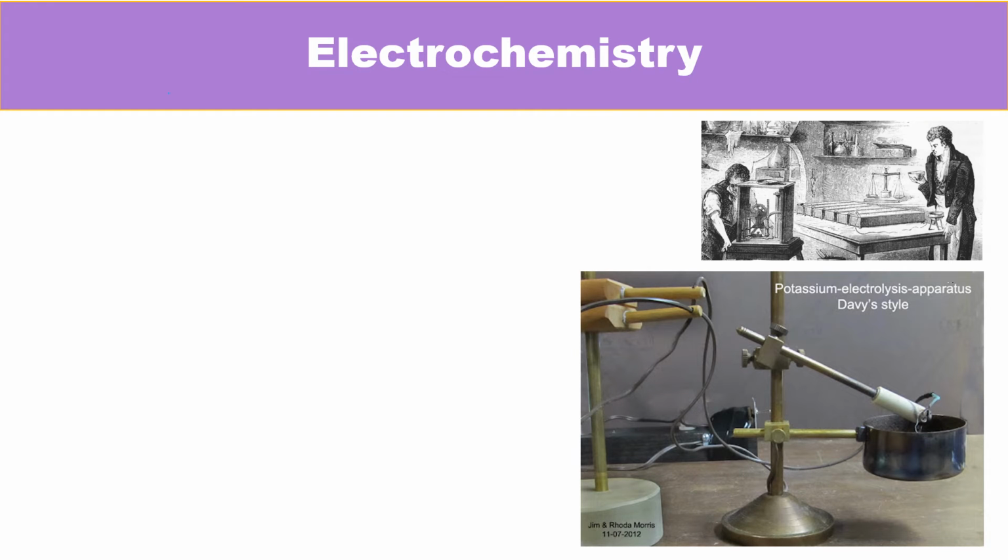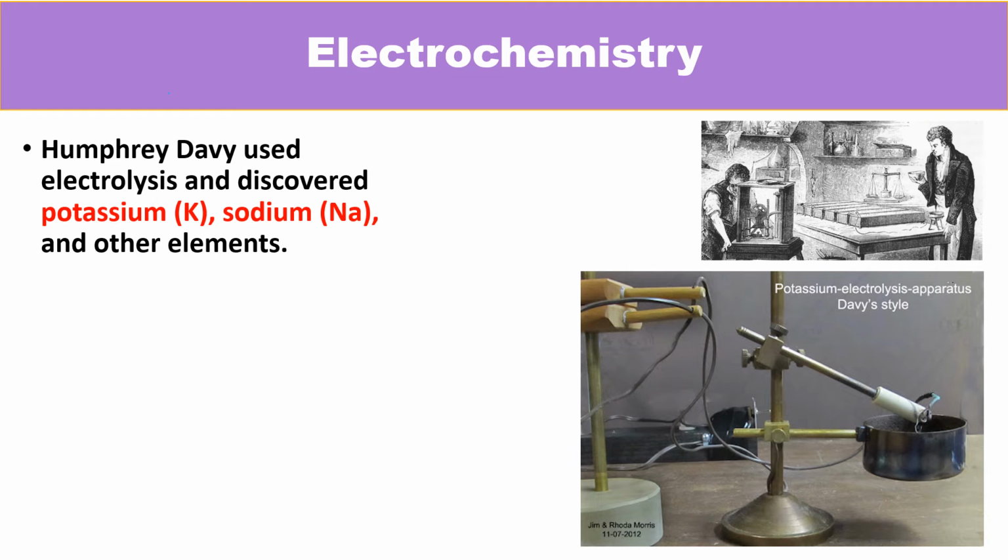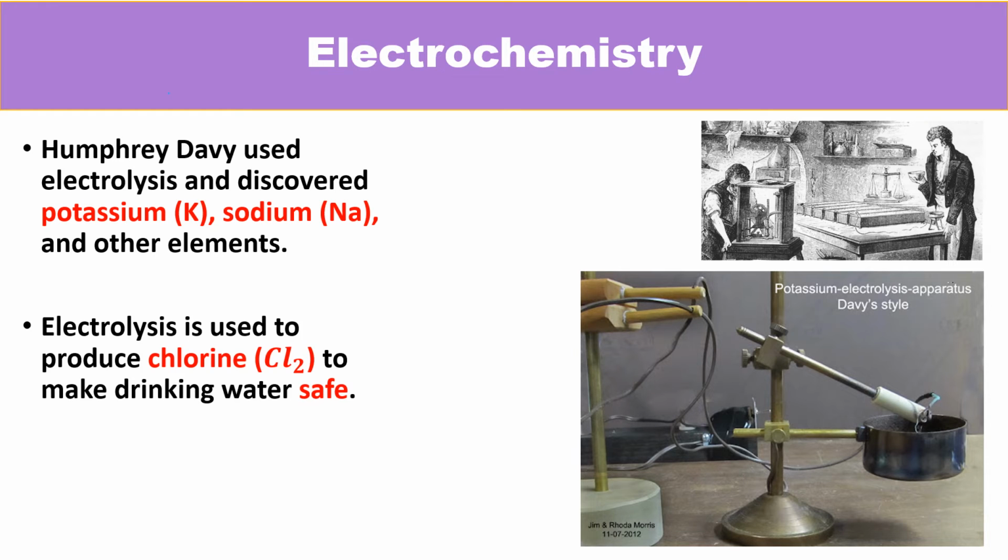So electrochemistry was used by Humphry Davy to separate potassium and sodium and other elements from the ore. What people use is they try to have a pure element.